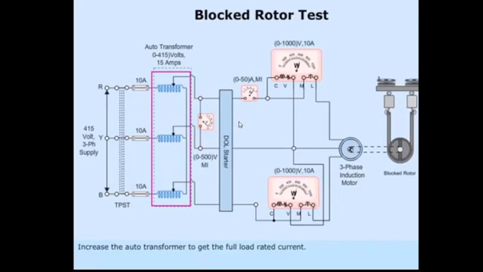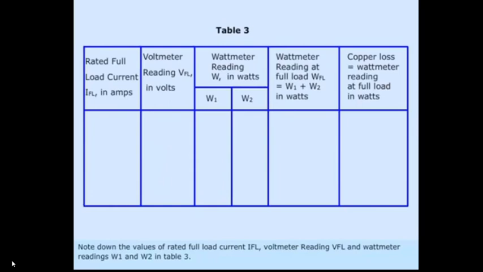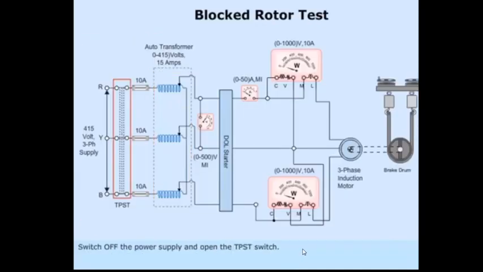So we get the rated current value and the voltage value, W1 and W2. We have to tabulate that value. The tabulation is already shown in the previous video.